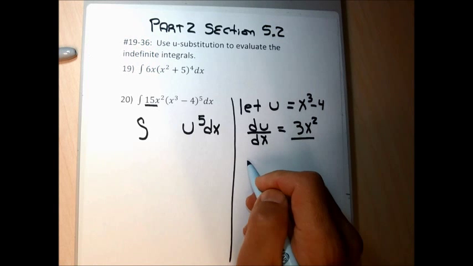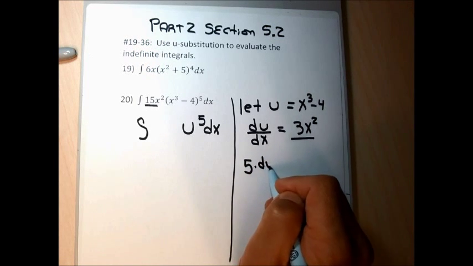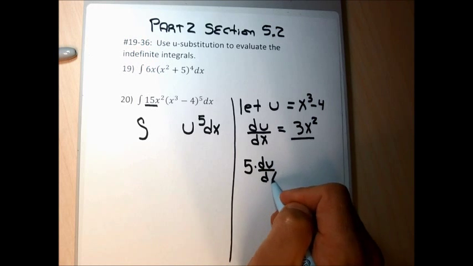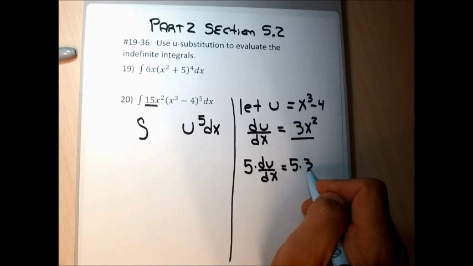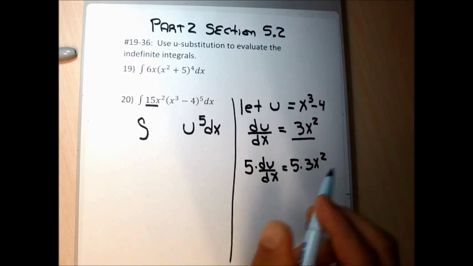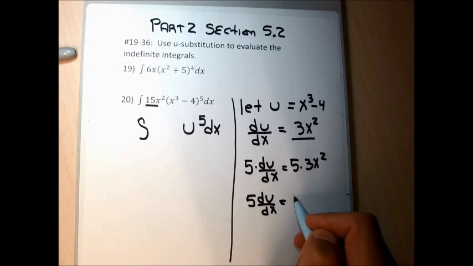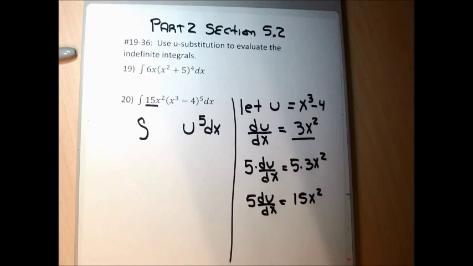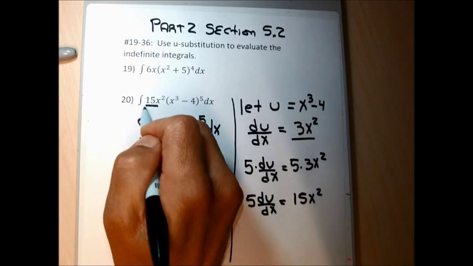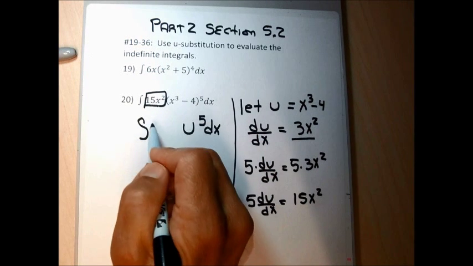I'm going to have to multiply. I'm going to say 5 times du dx equals 5 times 3x squared, and that's going to give me 5 du dx equals 15x squared. So now when I do my substitution for 15x squared, I'm going to put in 5 du dx.